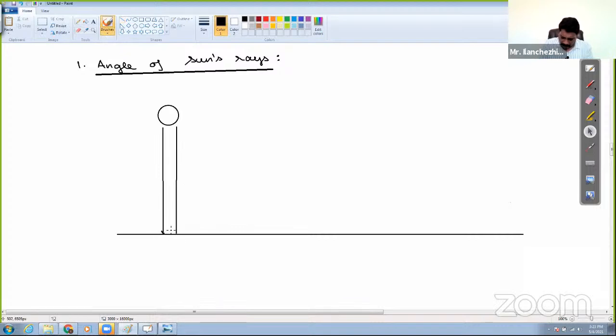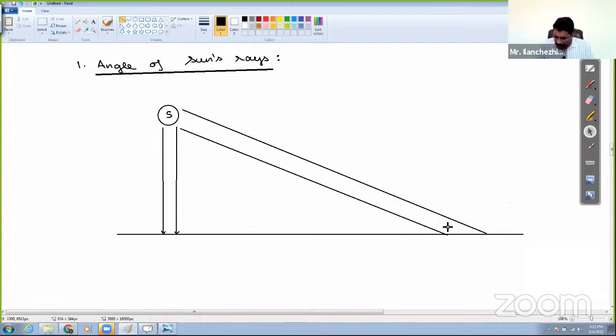Another place, the sun's rays is falling at the slanting angle. Low sun position: somewhere it is falling at the slanting angle, my friend.